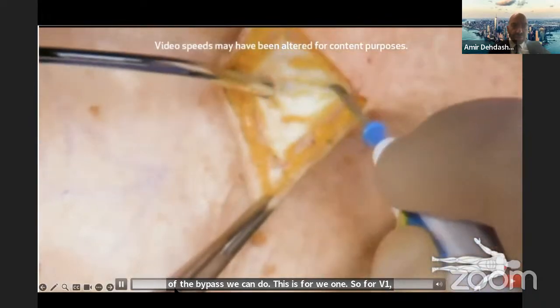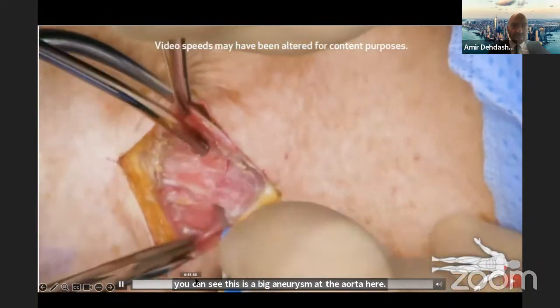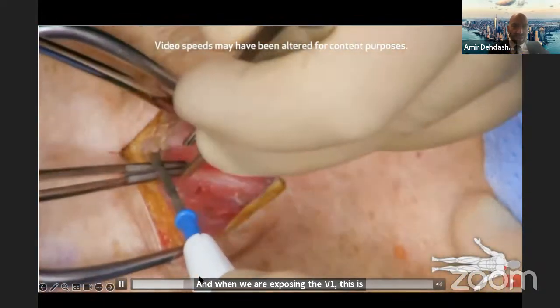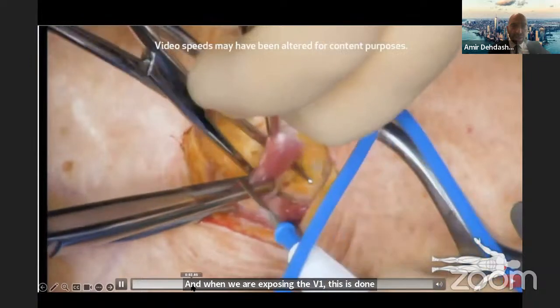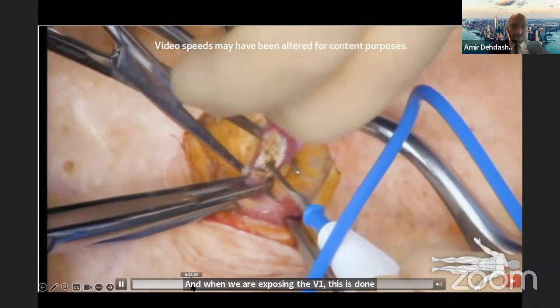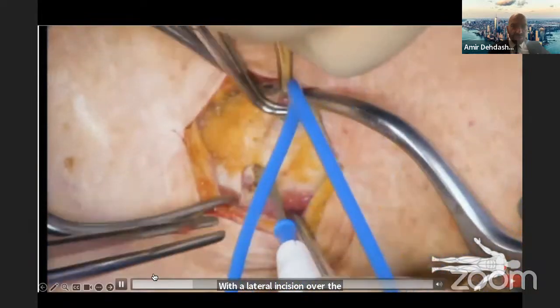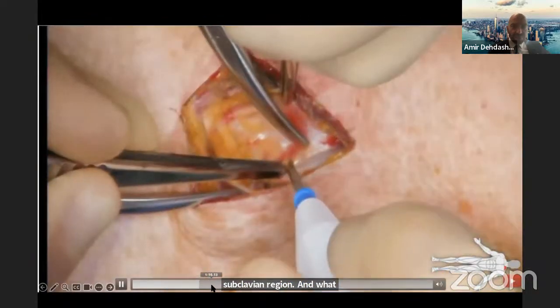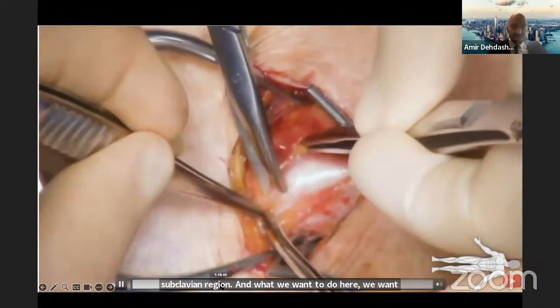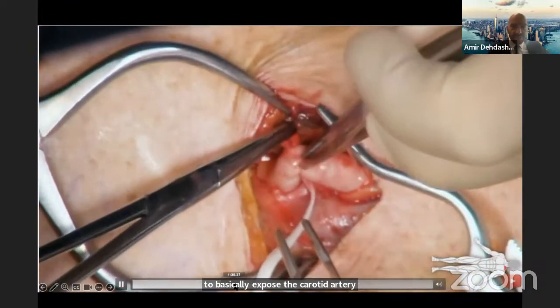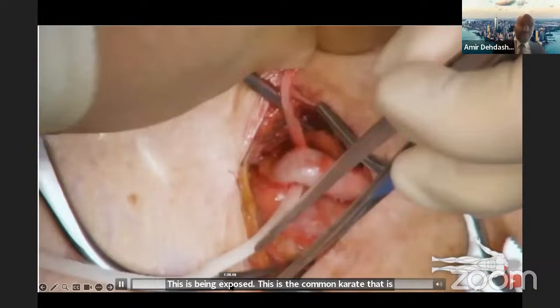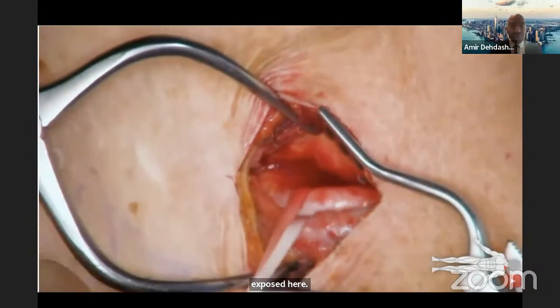When we are exposing the V1, this is done with a lateral incision over the subclavian region. What we want to do here is basically expose the carotid artery. This is the common carotid that is exposed here, and it's pretty easy to expose the common carotid, especially in a thin person.